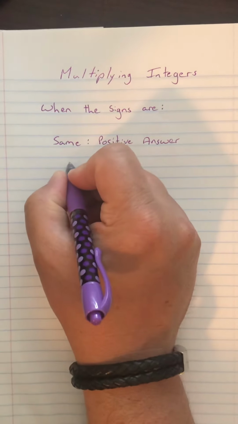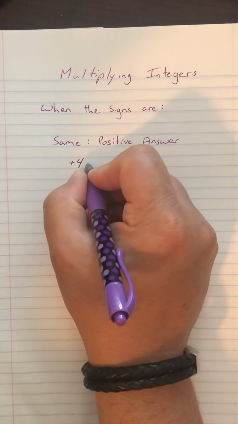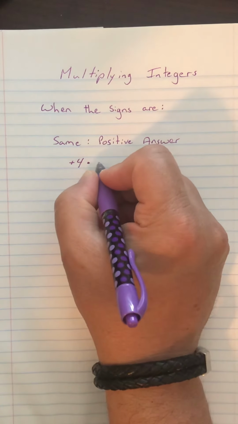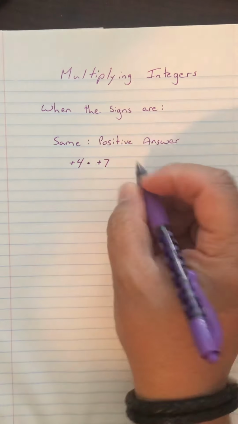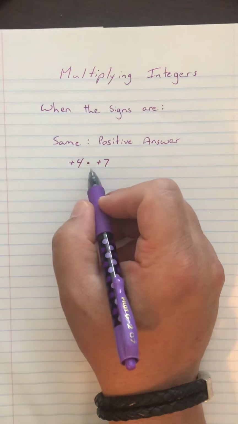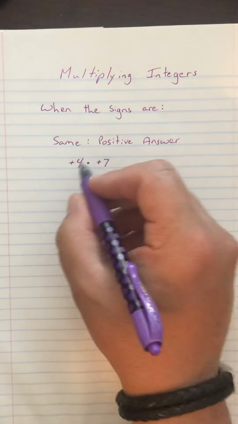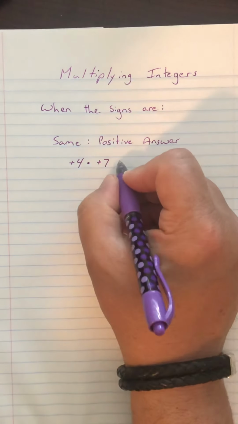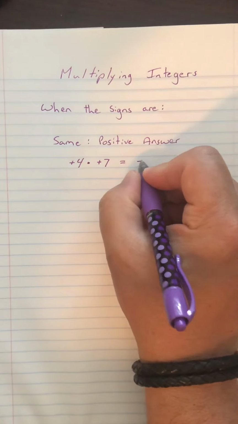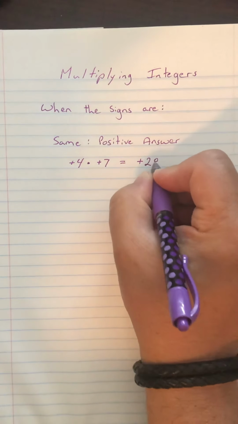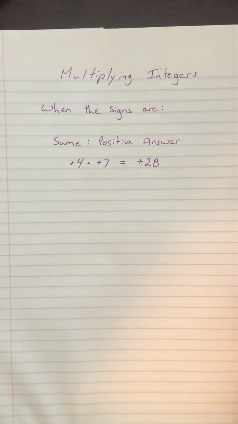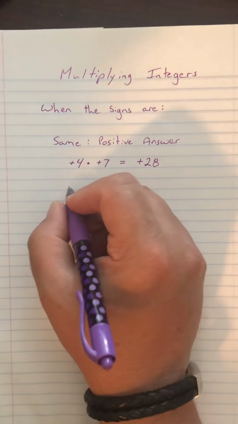So for instance, if you have a positive 4 times a positive 7, it's 4 times 7, positive times positive. So this will give us a positive 28. That's what you've always had since you started learning multiplication.